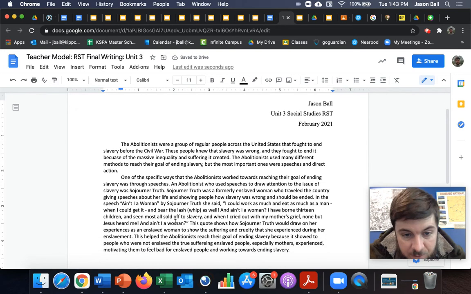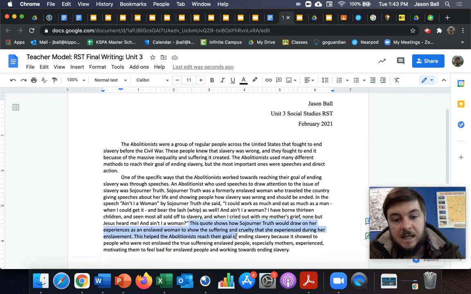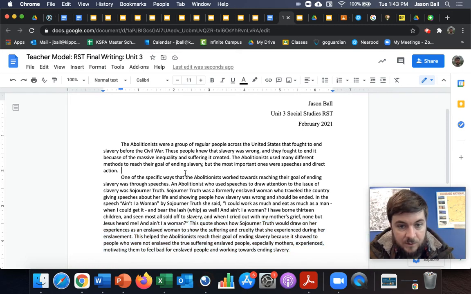All right, that's my interpretation. What does this quote show? And how does it help connect back to the assertion of help them reach their goal of ending slavery?